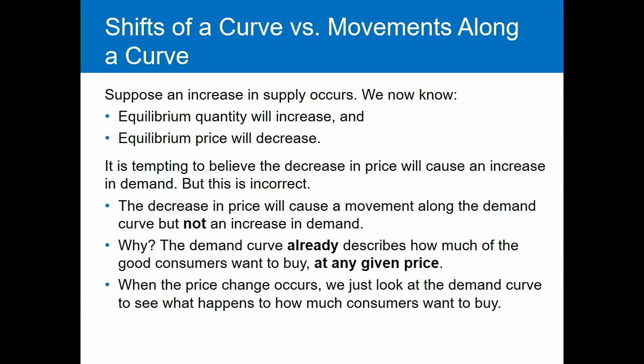We don't see the supply curve itself shifting, it's just a movement along the curve. Now if something else happens, another variable that affects supply changes, then you'll see the supply curve shift. But that's a second thing going on, a second variable change. Just the variable change that moves the demand curve is not going to move the supply curve.